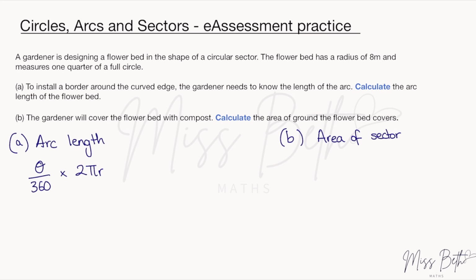Now we are told that the flower bed measures 1/4 of a full circle. So if we have 1/4 of a full turn, we should know that that is 90 out of 360, and we are multiplying by 2 times pi times the radius, which we are told is 8 meters.